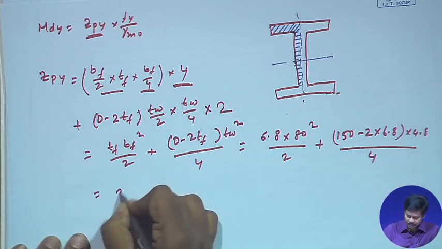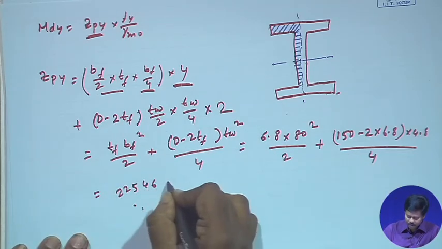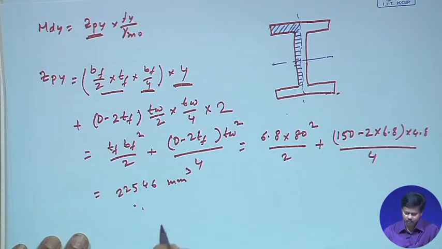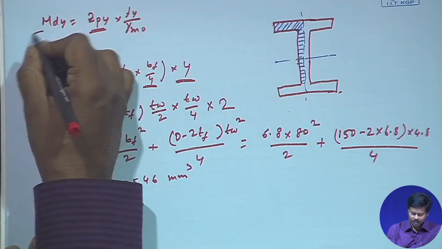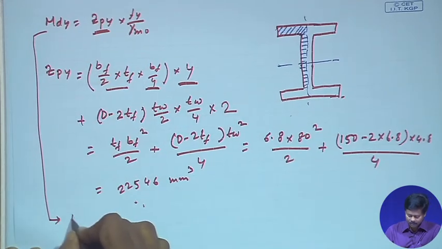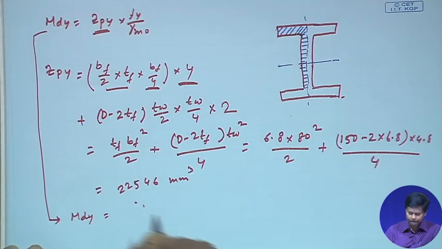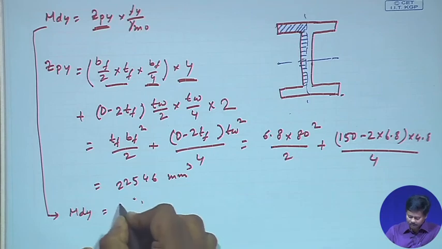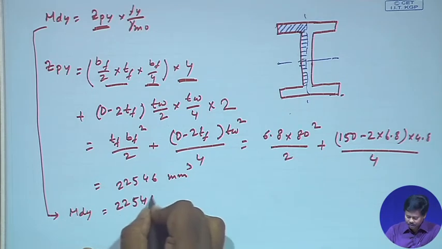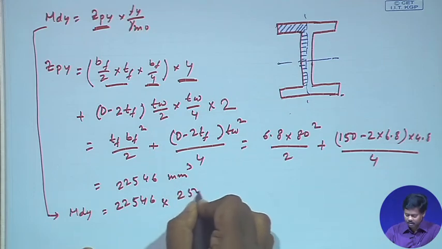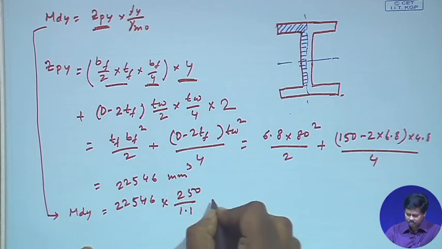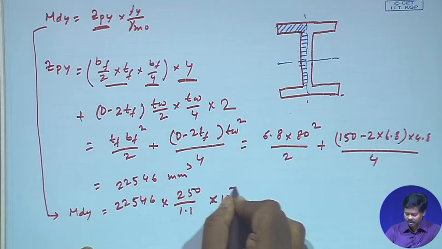So, this is becoming 22546 millimeter cube. So, now we can find out the value of Mdy, right. So, Mdy will become 22546, that means Zpy into Fy by gamma m0, so into 10 to the minus 6.